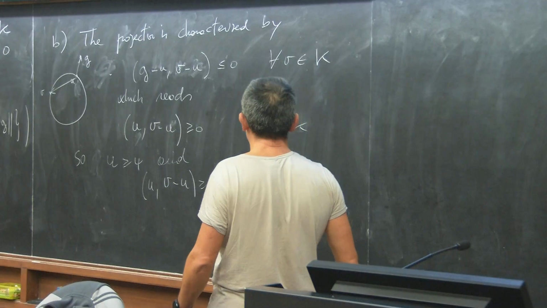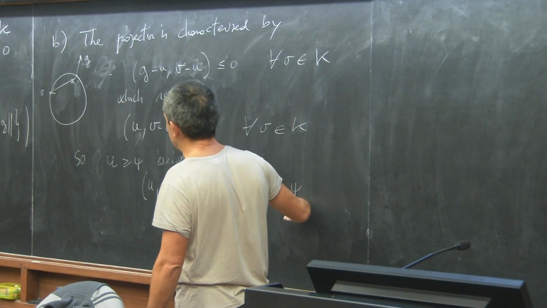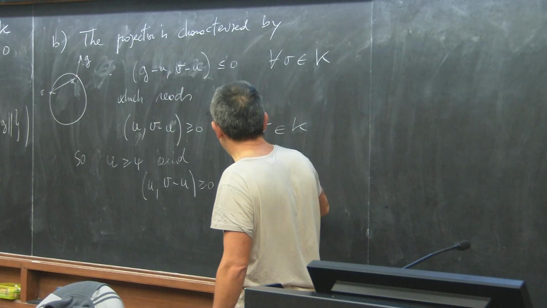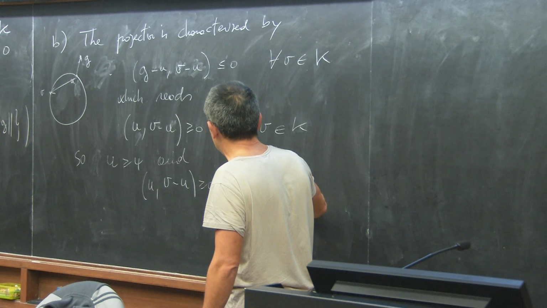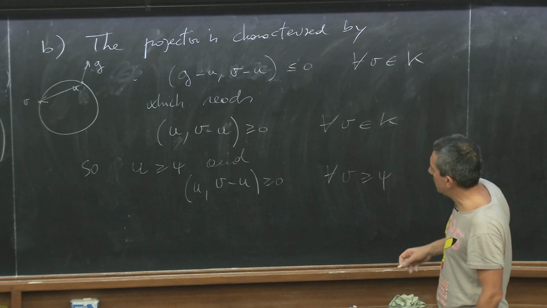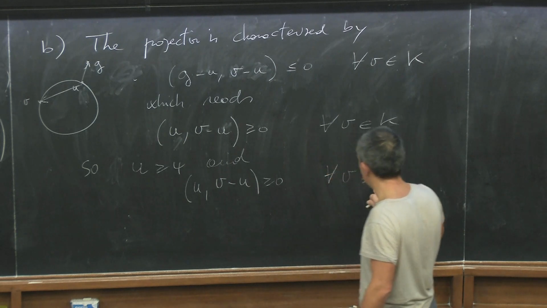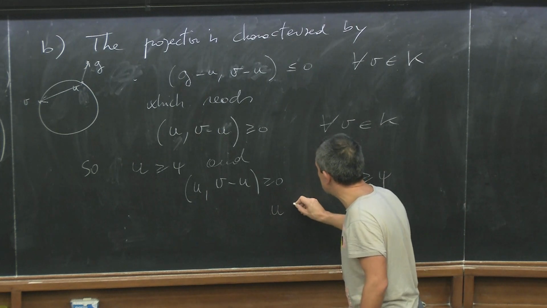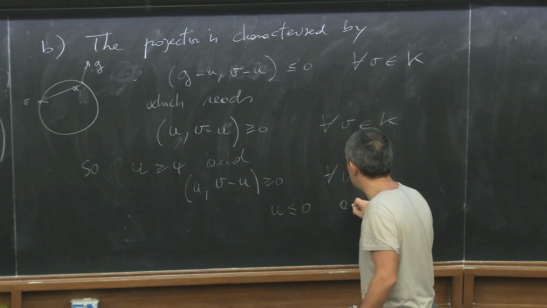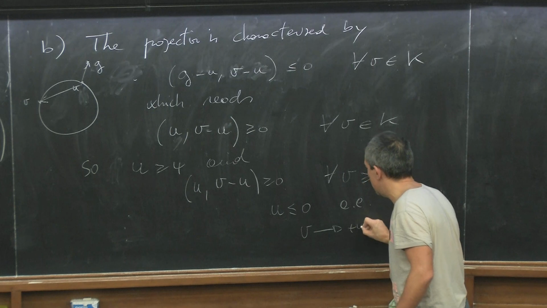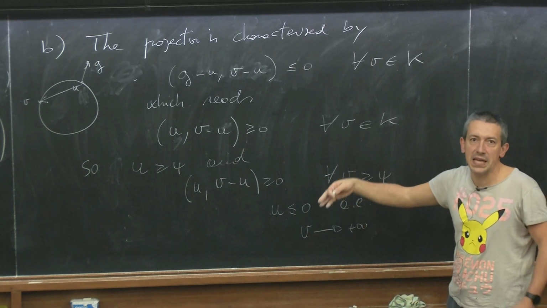Okay, so this means what? Since v can go to plus infinity, v minus u can be as large as I want.